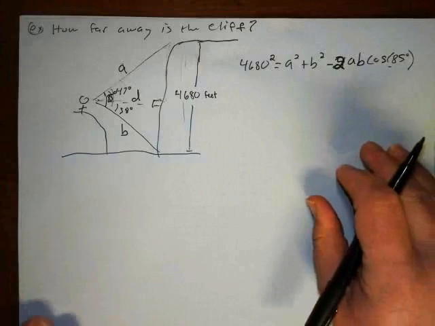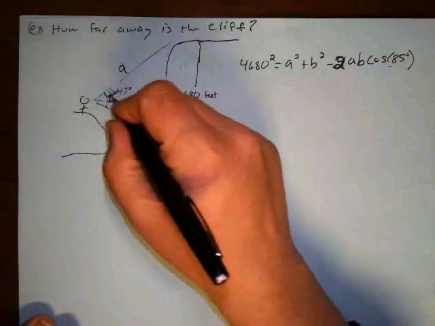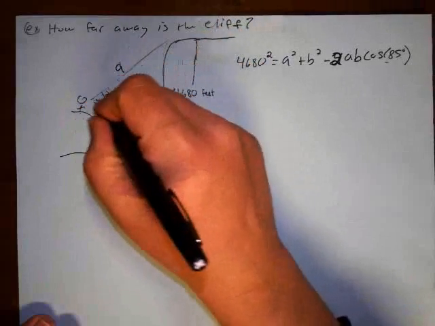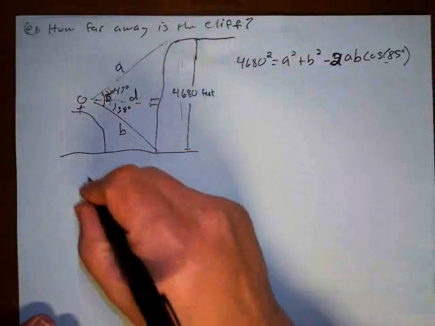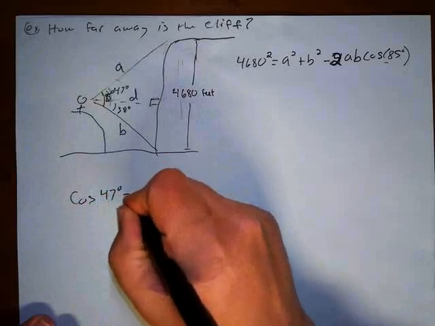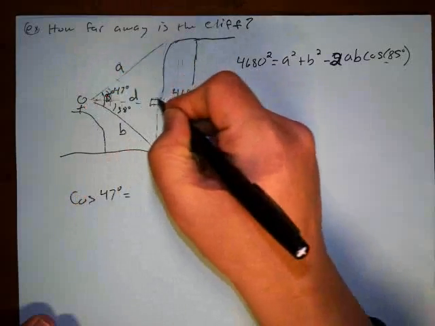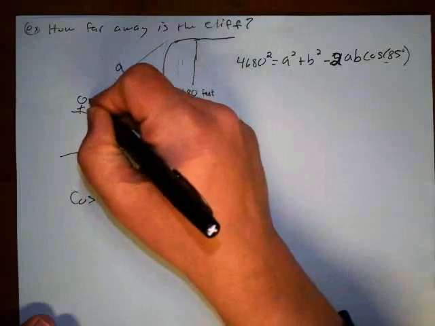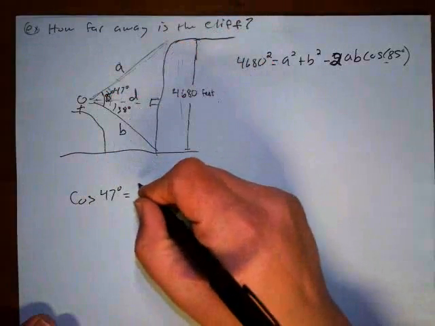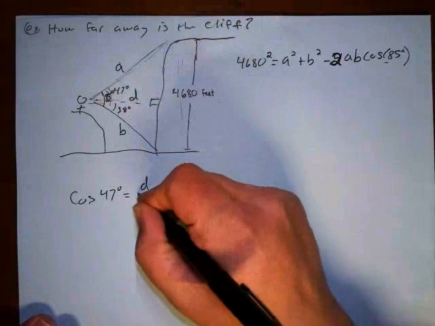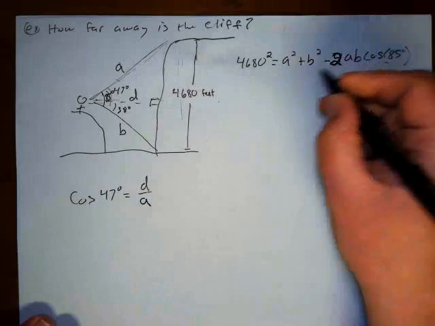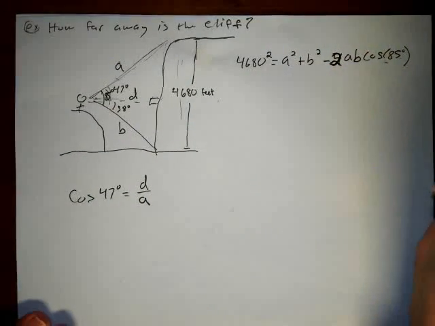So what I'm going to do is use these right triangles, because that's going to bring D in there. I can say that the cosine of 47 degrees, cosine because the D is the adjacent side and the A is the hypotenuse, would just be D over A. That brings in both D and A, the same A that's up here.